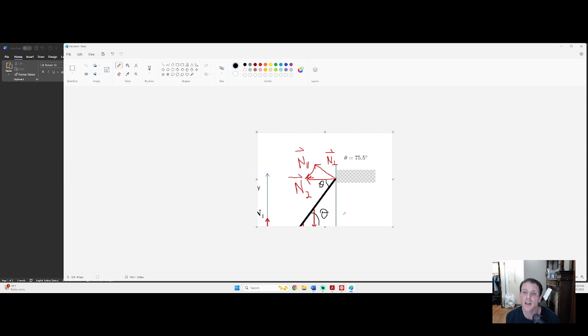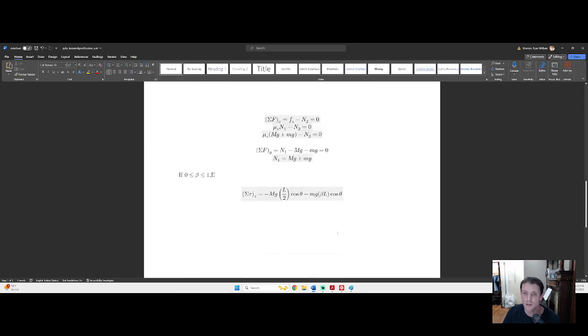So then I can see that the perpendicular component of the normal force actually corresponds to sine theta in this case, right? Because the perpendicular component of the normal force here could be drawn maybe like this. Okay, so that's going to be N2 sine theta. Yes, sine theta. Okay, I've convinced myself. Hopefully I've convinced you too.